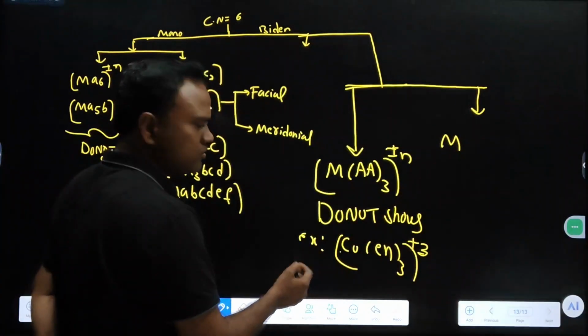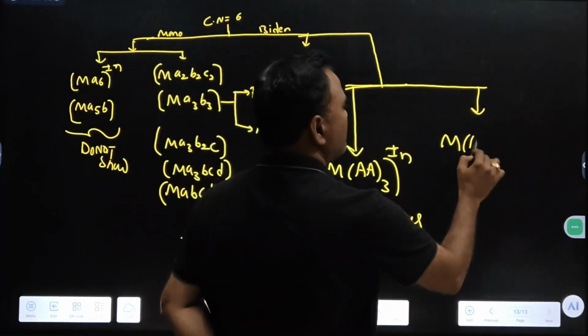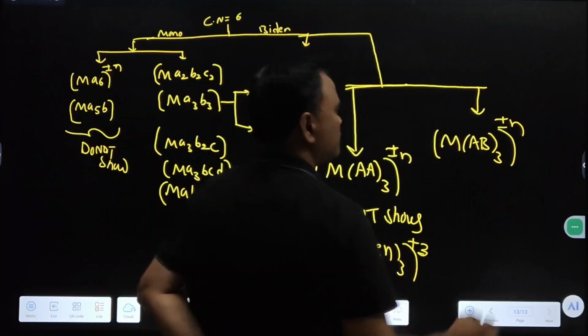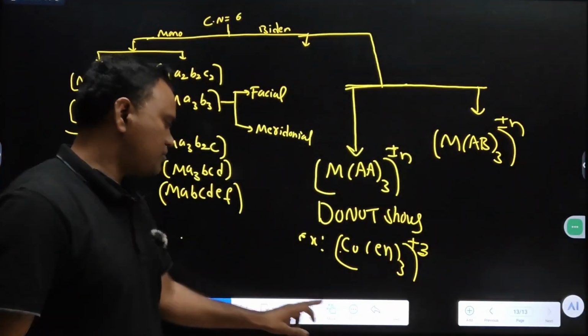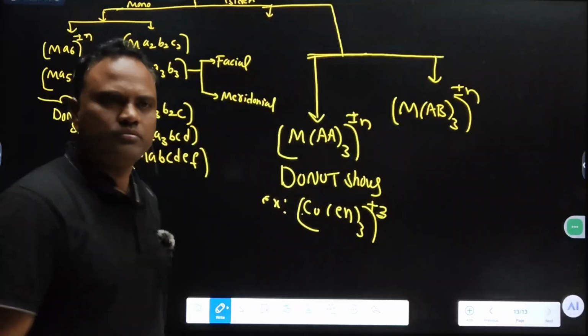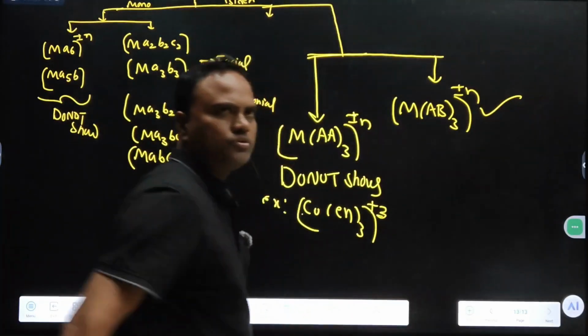Do not show category. MAA taken thrice do not show. MAB taken thrice shows, plus or minus n charge.